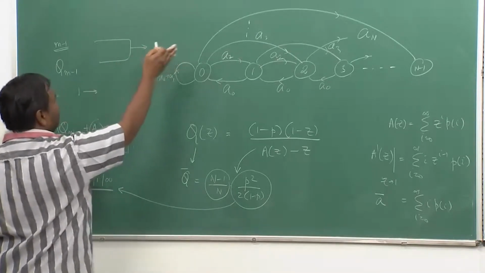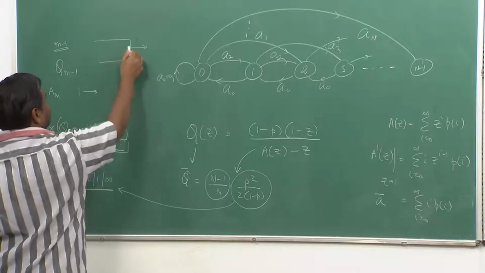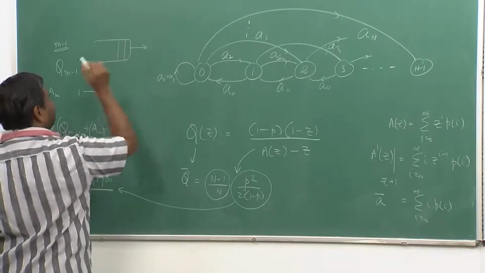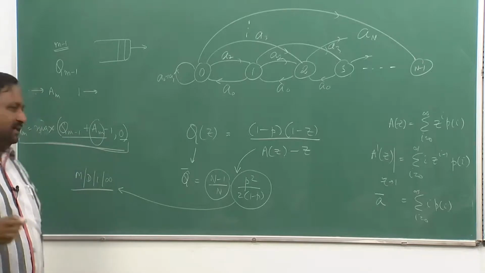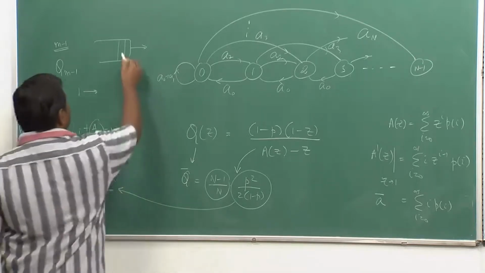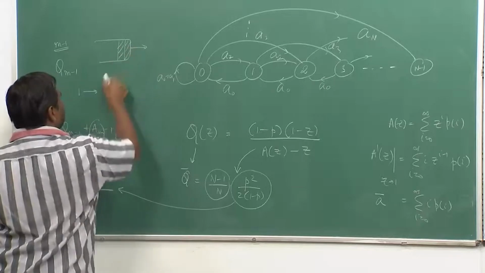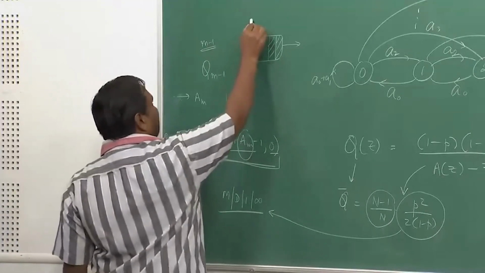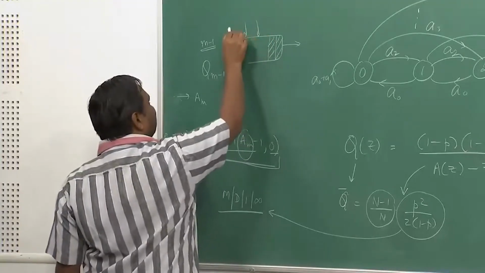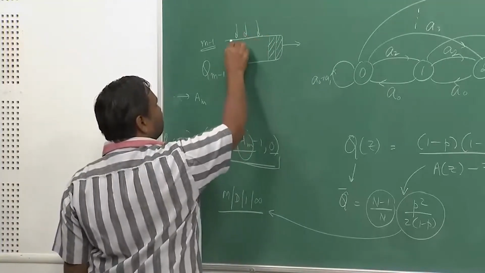Every packet will take exactly the same time, it is a constant departure process. Every packet takes exactly one slot time to go out, and the packets which are arriving, they are happening because of the Markovian process.